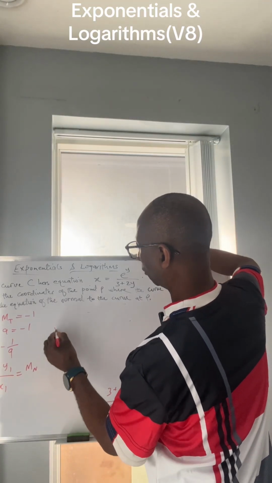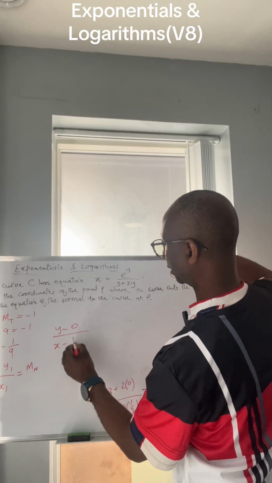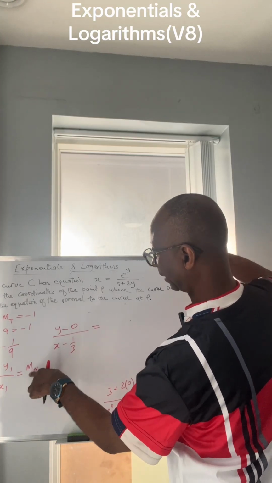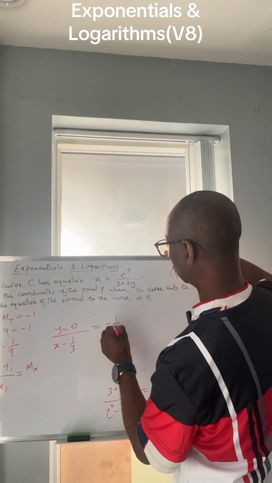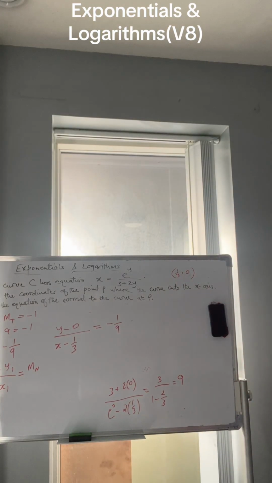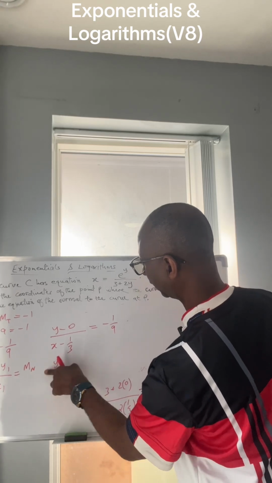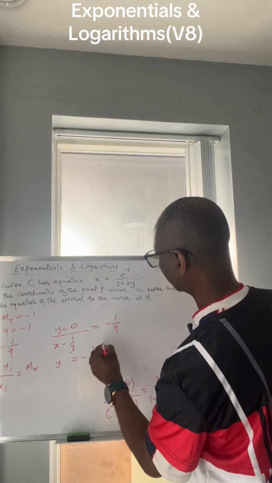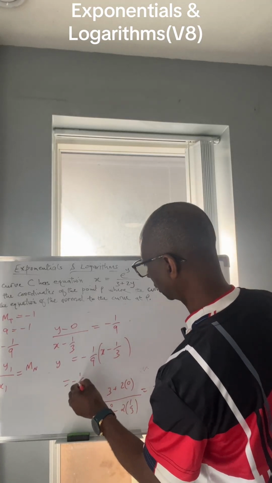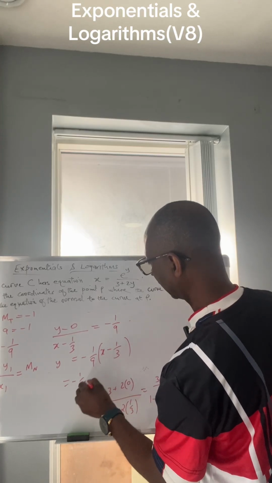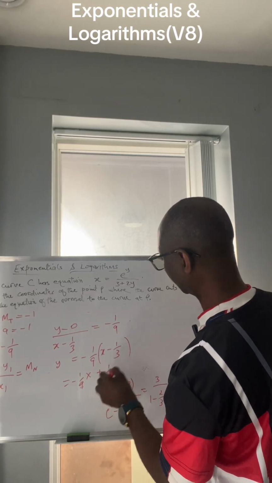Now you have y minus y1, y1 is 0, divided by x minus x1, x1 is 1/3, equals mn, which we know is -1 all over 9. So this gives us y equals -1 all over 9 multiplied by x minus 1/3. So this is y equals -1 all over 9 x, plus 1 all over 27.